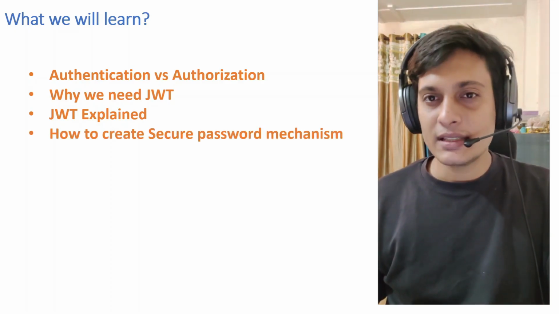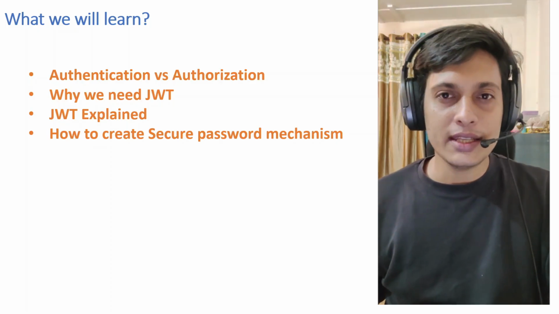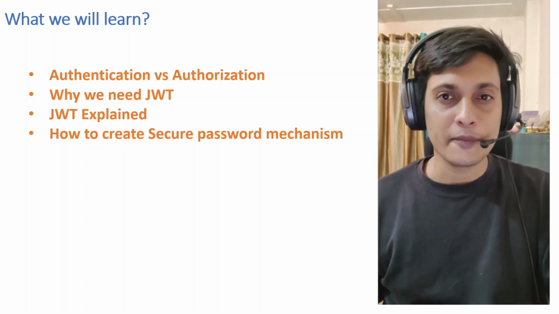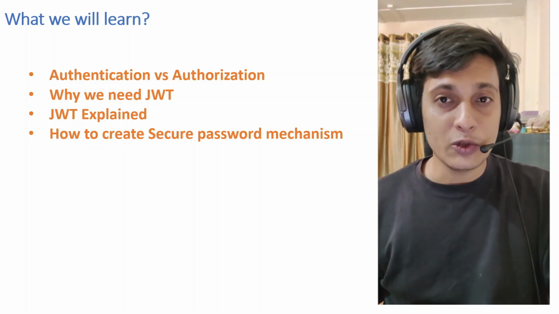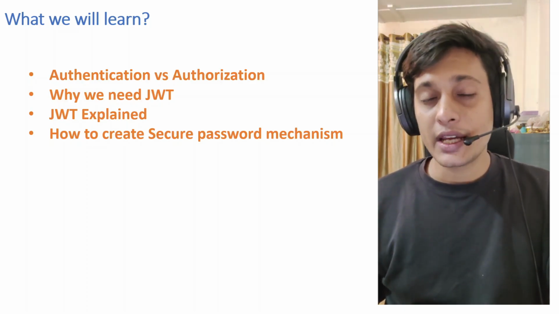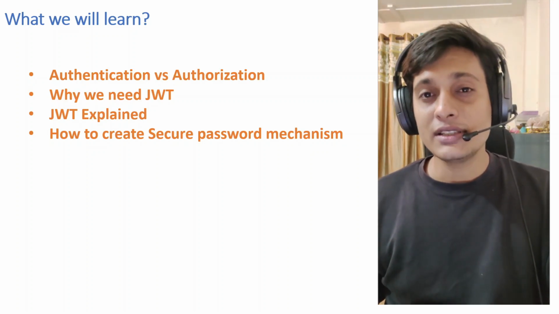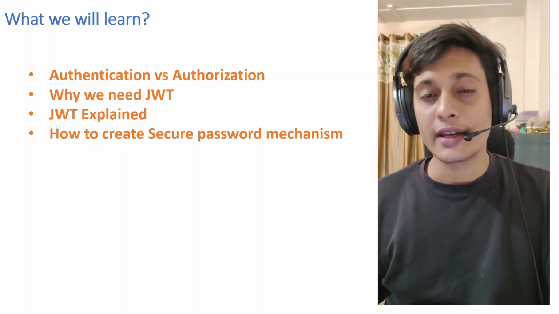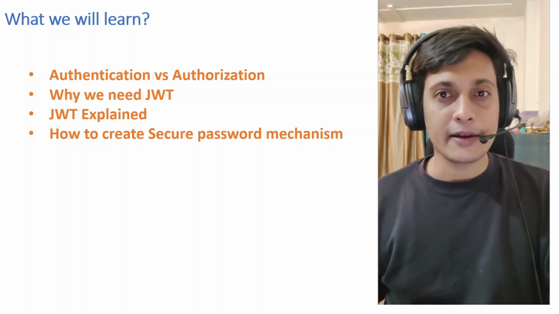Okay, so this is the one part. Also, we need to understand how we can create a secure mechanism for storing the password of a user, because user sensitive data is one thing which we should not compromise. So we need to make sure that we create a mechanism so that our passwords are saved in the most secure way so that no hacker can infiltrate and steal the data.